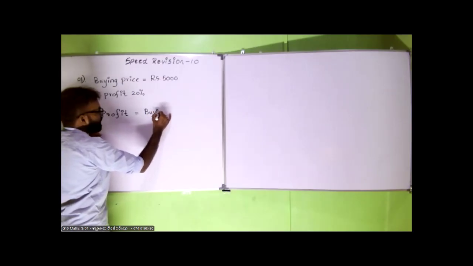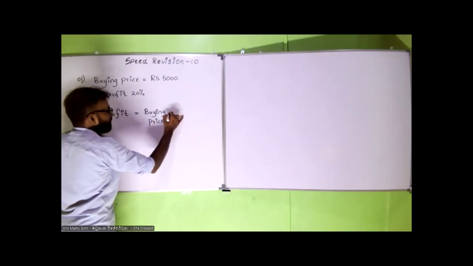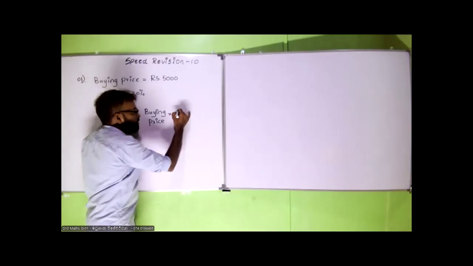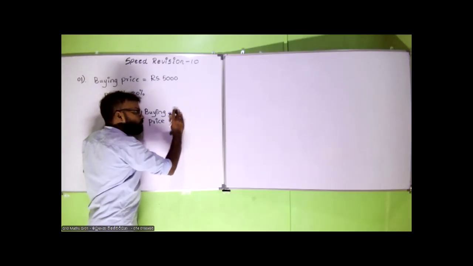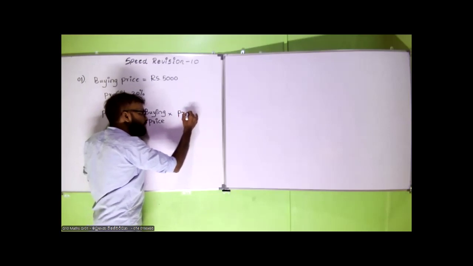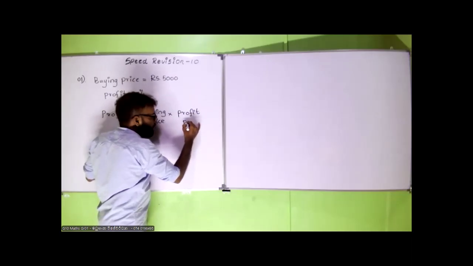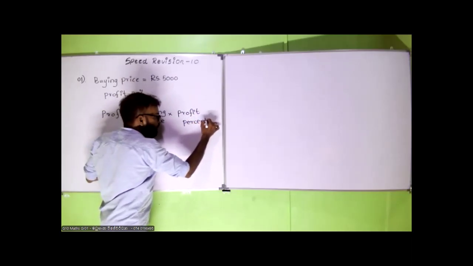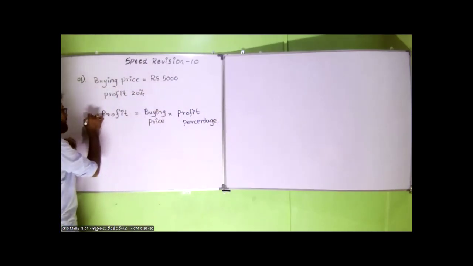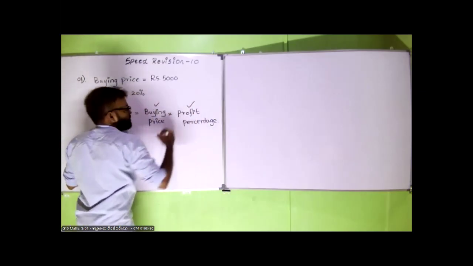Here you have the buying price, and for this buying price you are given the 20% profit percentage. So the buying price should be multiplied by the profit percentage. This is the formula you need to remember if you want to calculate the profit.